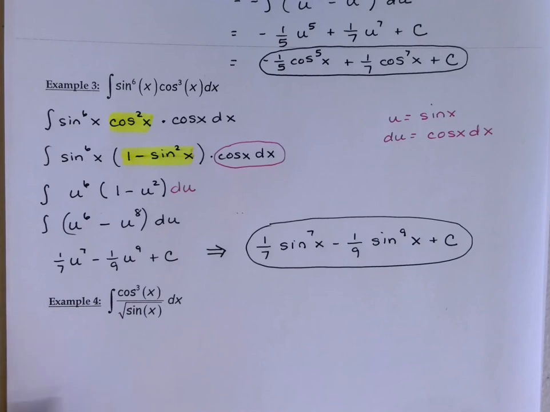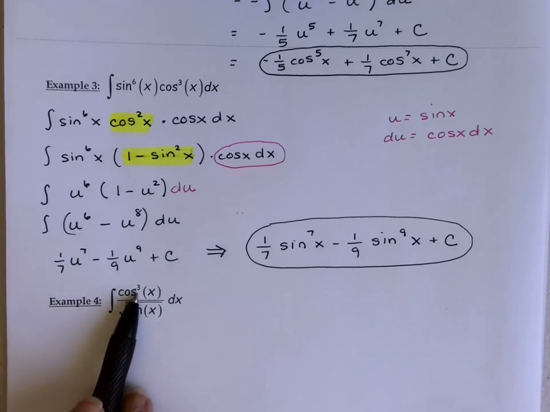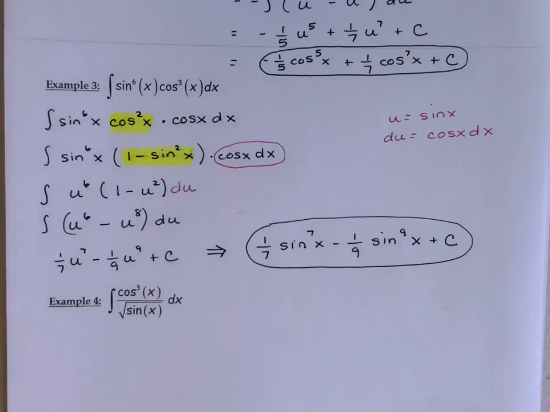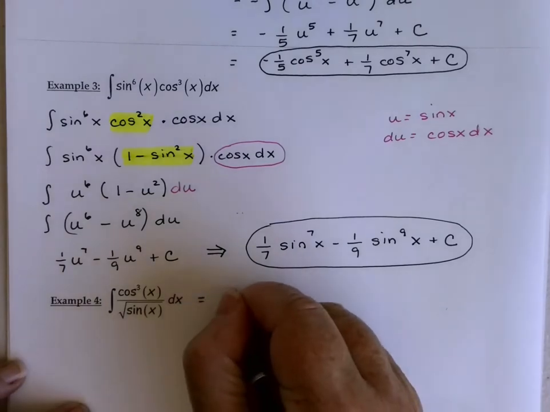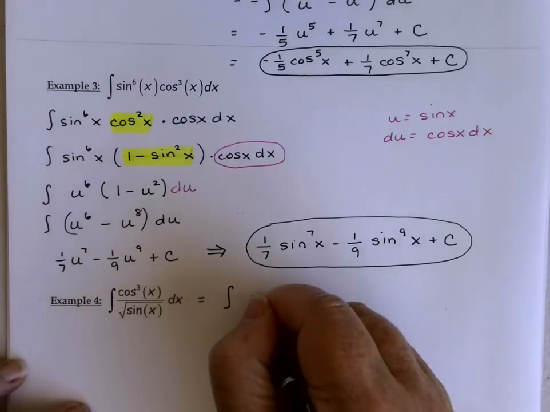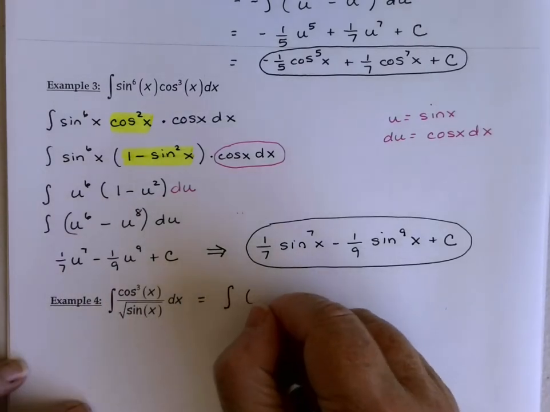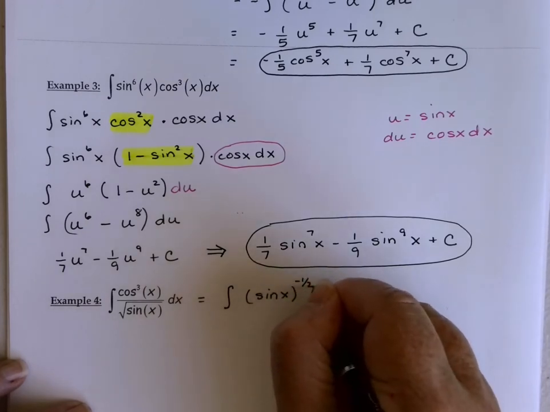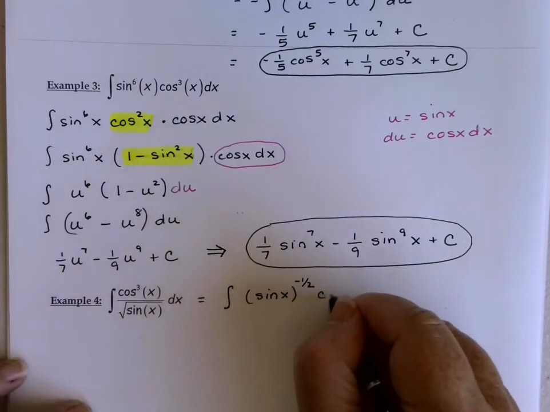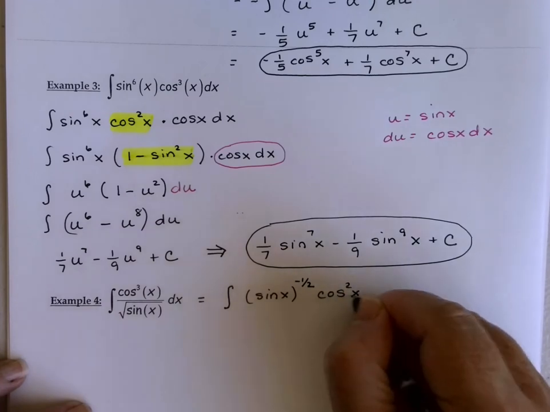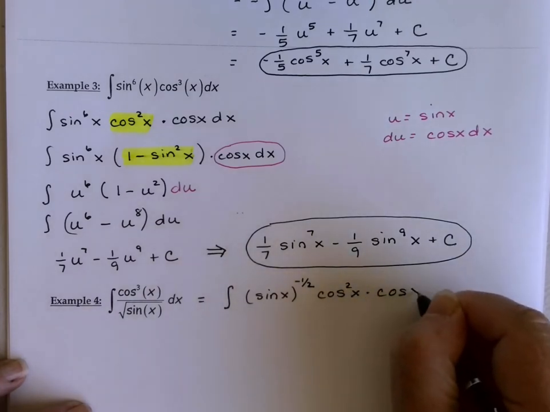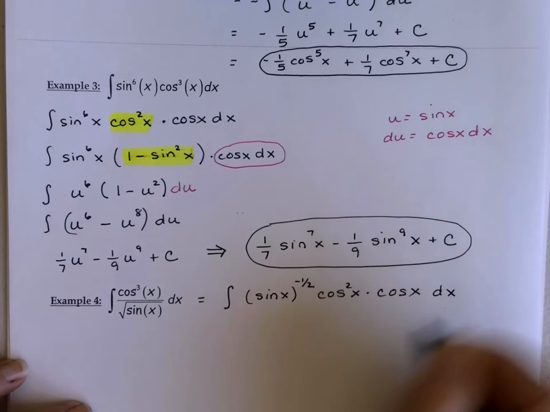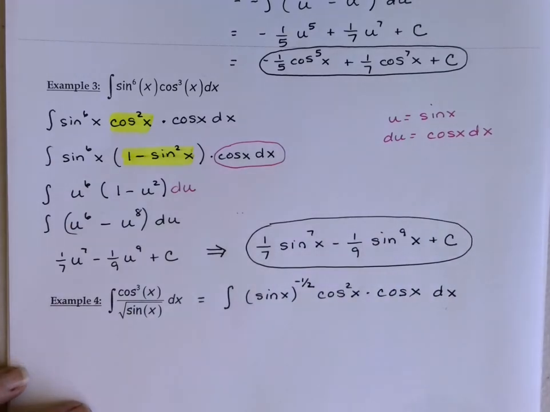Same technique. I'll start by noticing I have an odd power on the cosine, so I'm going to split off a cosine. So I'm going to write that as sine x to the -1/2 power, and then cosine squared x times that split off cosine x dx.